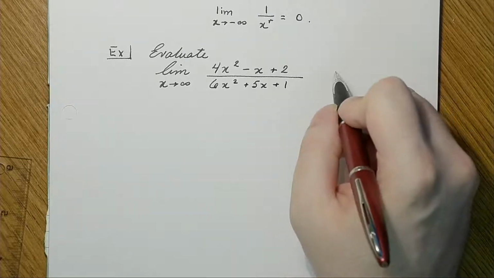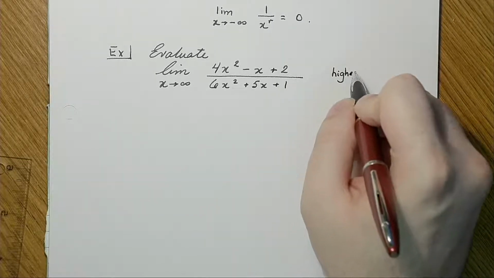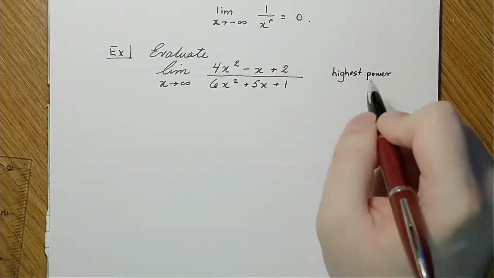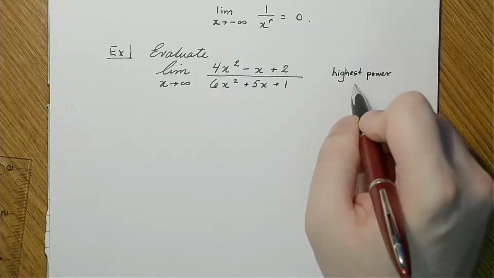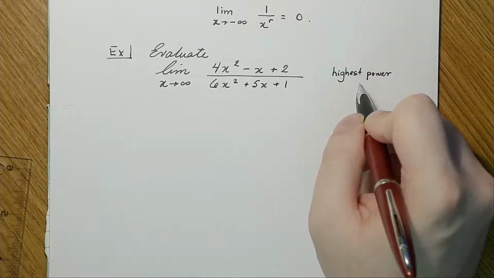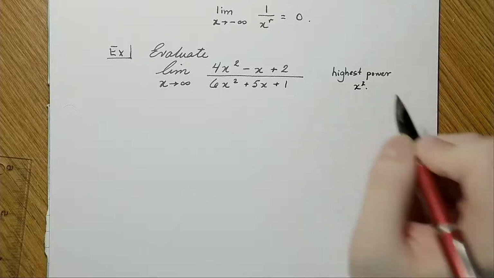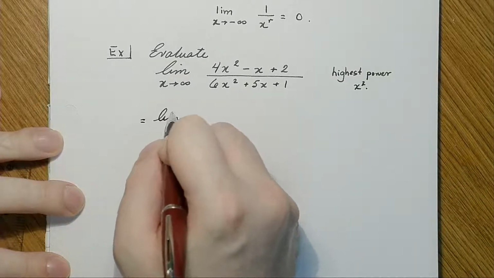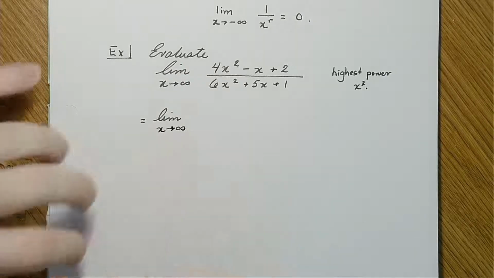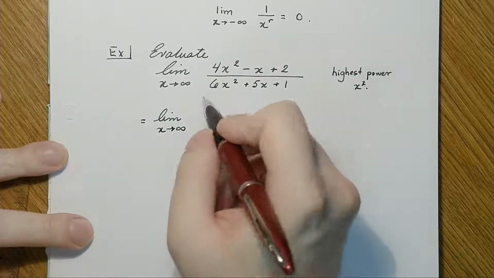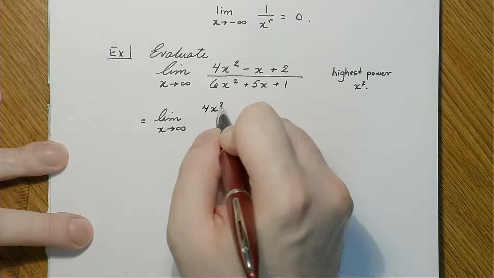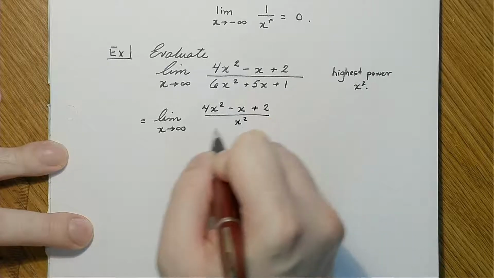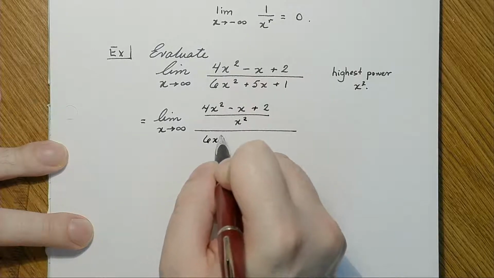And in this case, the highest power, not an ultimate power, but the highest power, again, we're not getting meta here, is x squared. So I'm going to divide the numerator as well as the denominator by x squared.